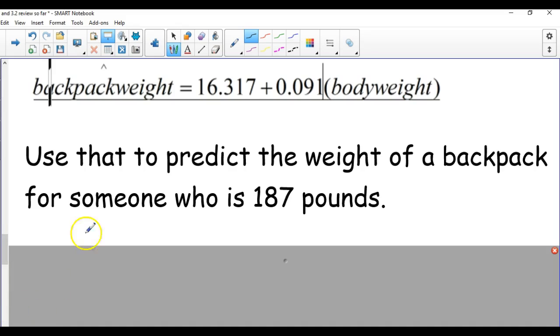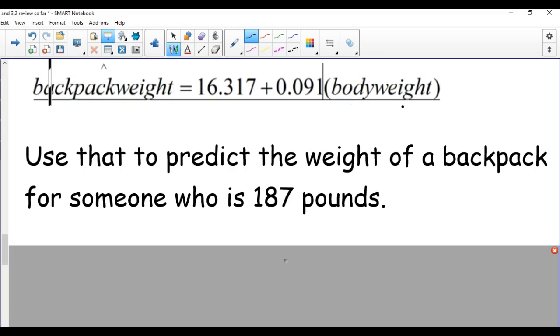So you can do one of two things. You can take 187 right here and just type it in your calculator, 16.317 plus 0.091 times 187. But if you imported it into your Y1, you can use your table function and just type it in and see what the value is. Either way, though, you do need to show your work.